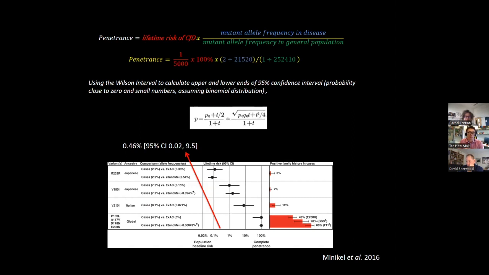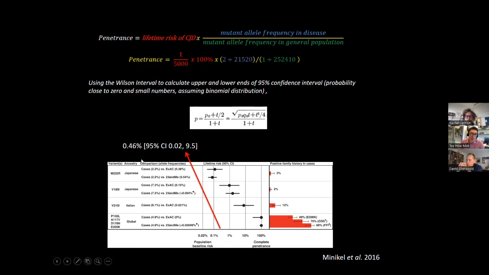So we interrogated the Broad Institute's gnomAD database, and we found one other allele. So by applying this formula, we had a central estimate of 0.46%, but because this is very close to 0, and to make it meaningful, we assume that this is a binomial distribution and use the Wilson score interval to calculate the lower and upper bounds of the 95% interval so that it doesn't cross 0, which makes it meaningless.